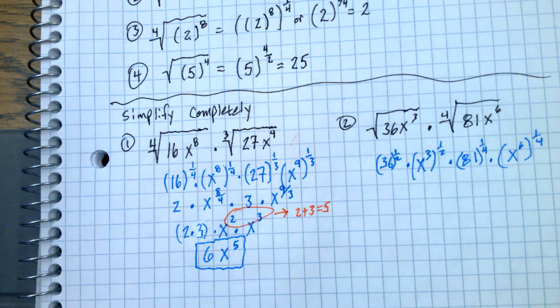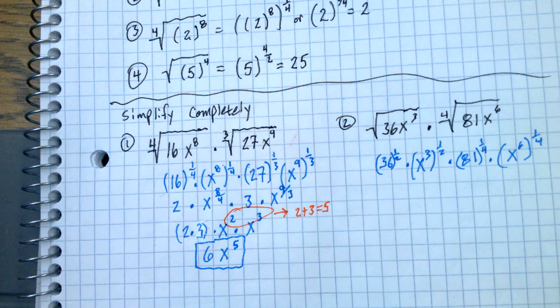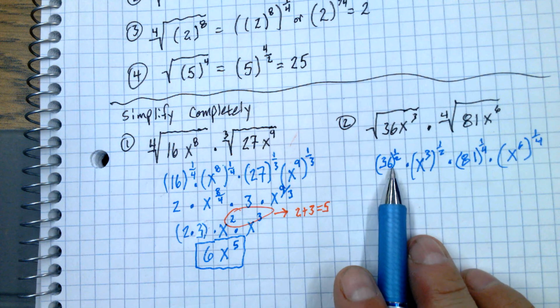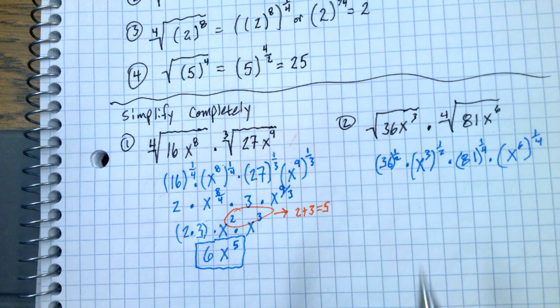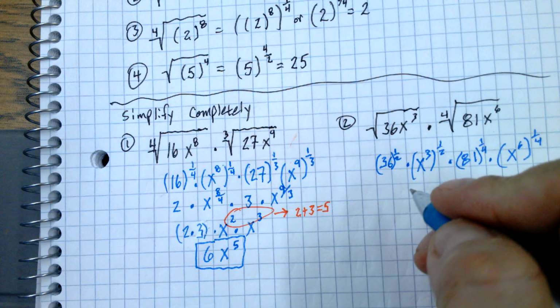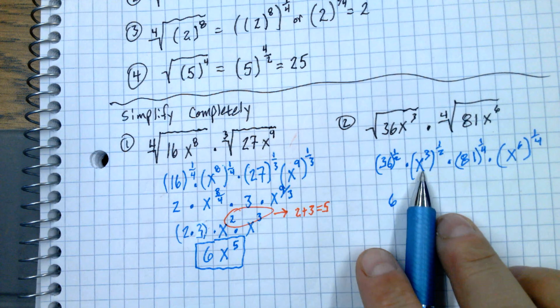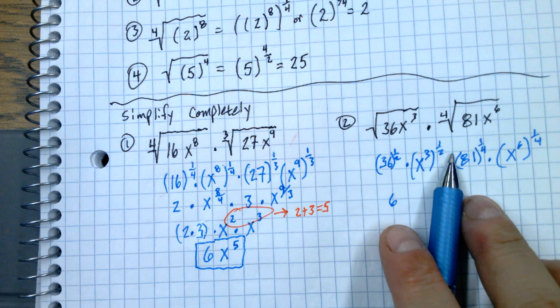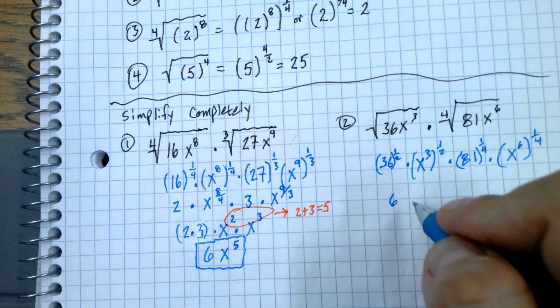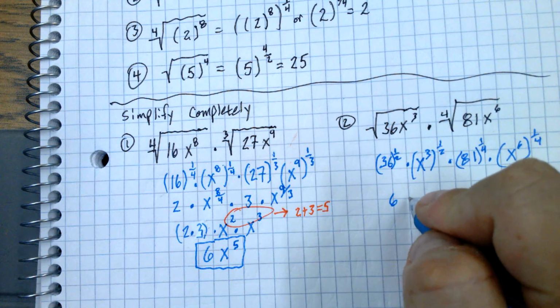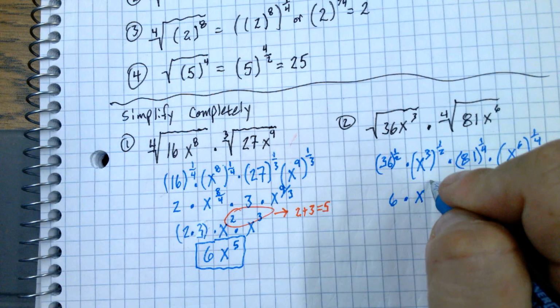Okay, so let's see. Now we can simplify stuff. 36 to the 1/2. Well, that's just the square root of 36. So that's 6. And then we have x cubed to the 1/2. X to the power of 3/2.